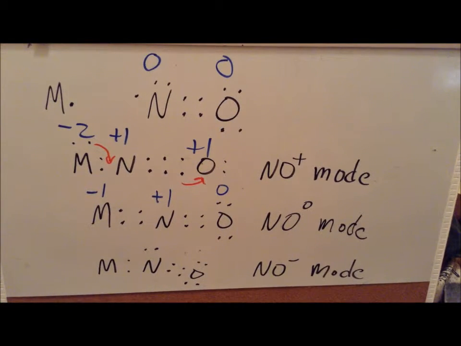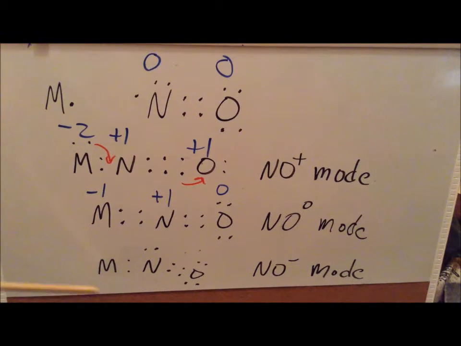In the final binding mode, the NO minus mode, the bonding pair that had been part of the double bond between the metal and nitrogen becomes a lone pair on nitrogen. So let's see what the effects of this are going to be as far as the formal charges. Well, the metal started off with one valence electron.